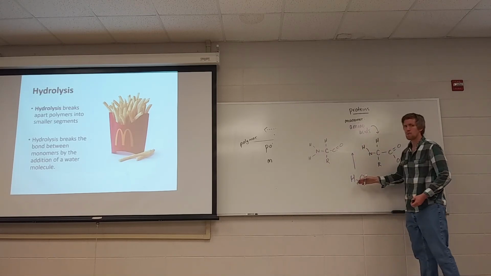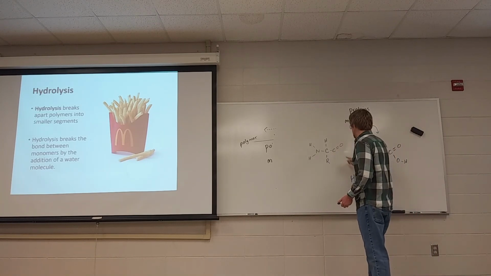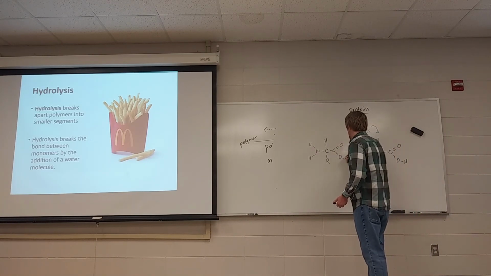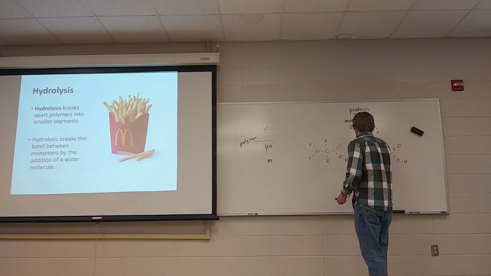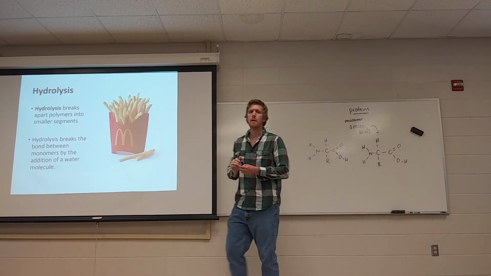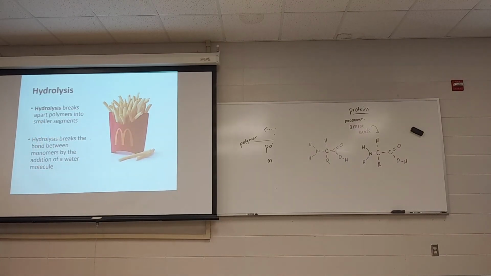The H's, the hydrogens, and the oxygen atoms separate, with one oxygen and one hydrogen joining over here. The other hydrogen joins over here. We have successfully split apart our polymer into individual monomers.